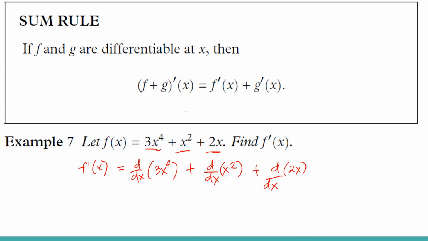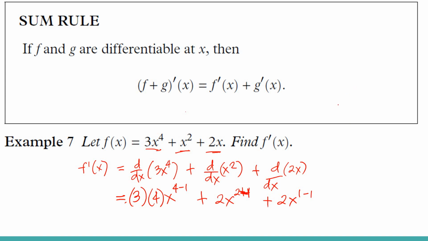Okay, equals: this would become 3 times 4x raised to the power of 4 minus 1, plus 2x raised to the power of 2 minus 1, plus 2x raised to the power of 1 minus 1.